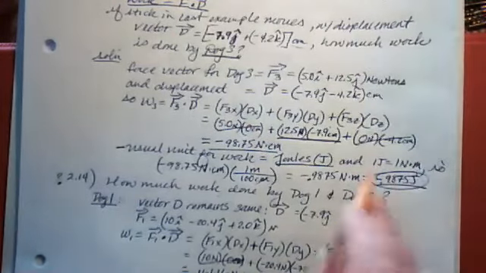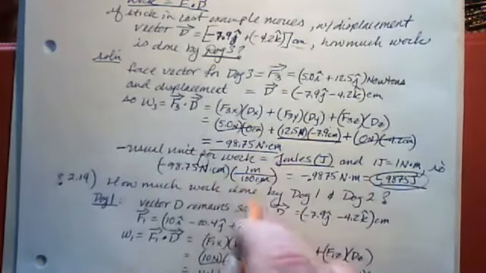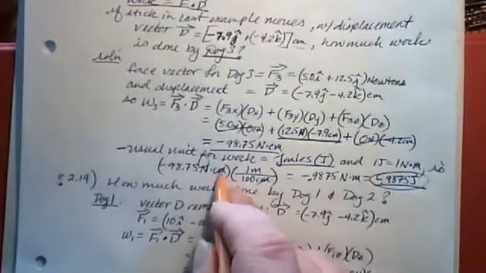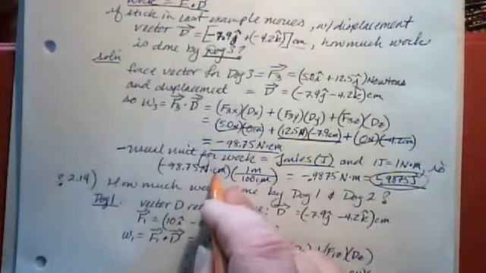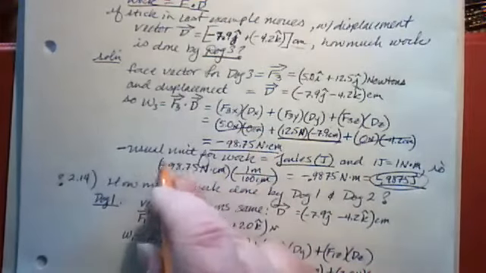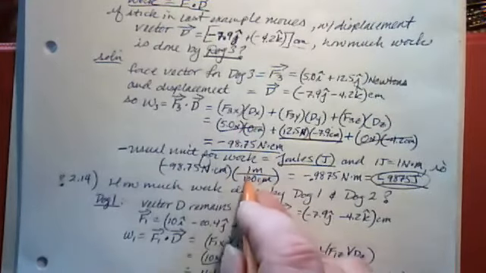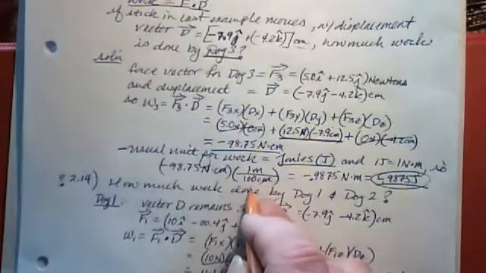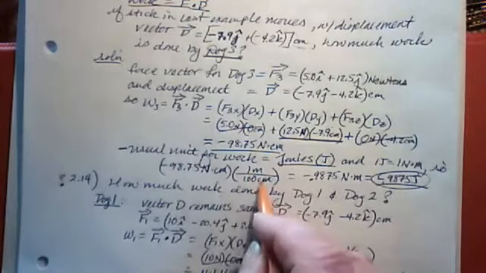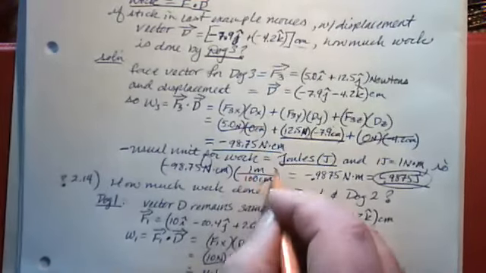So if we want to change Newton centimeters to Newton meters, we can leave the newtons alone. We just have to change centimeters to meters. So we could take negative 98.75 Newton centimeters times the fact that there's 1 meter for every 100 centimeters. Centimeters will cancel out.